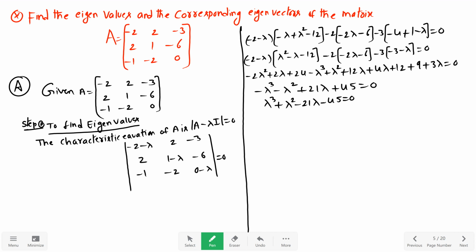To find the roots, use calculator division. The lambda cube coefficient is 1, the lambda square coefficient is 1, the lambda coefficient is minus 21, and the constant is minus 45.